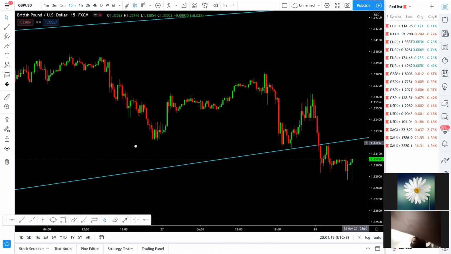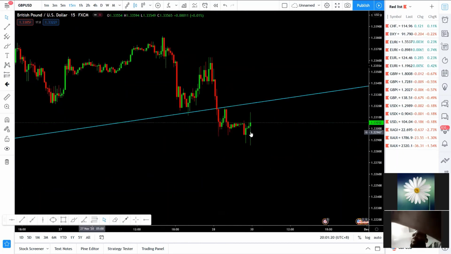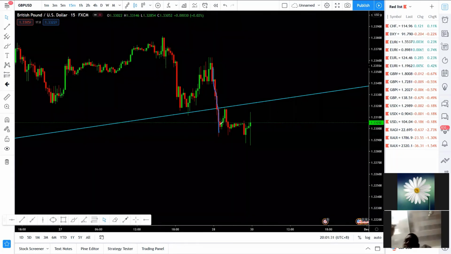So in this case, what's going to happen is that when it is retracing, it came down this way. It ended here, sorry. But this was the highest point of the candle.